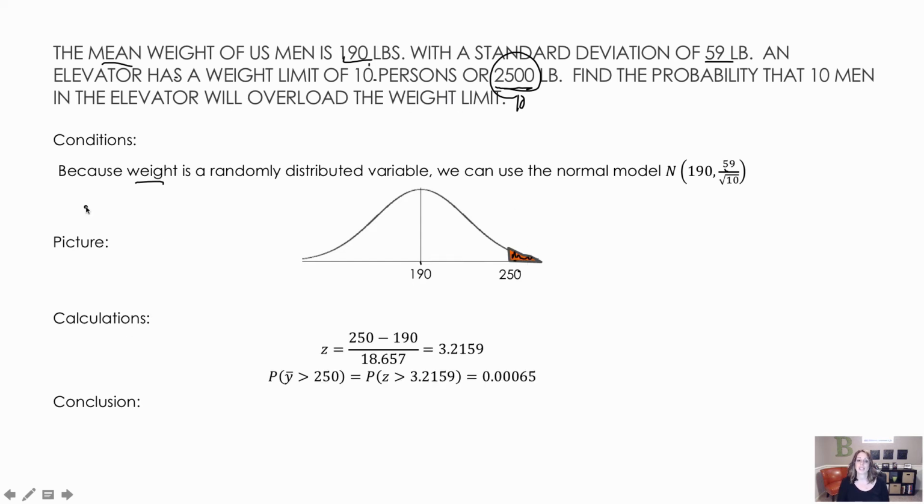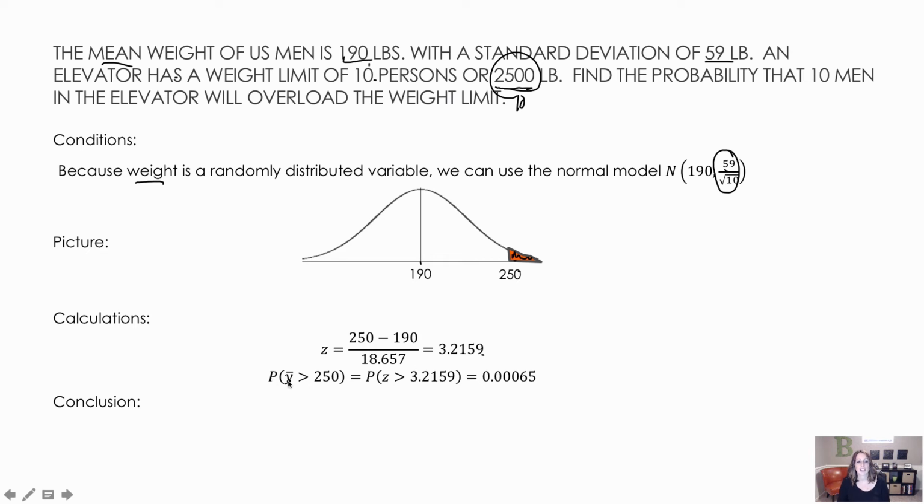So for our calculations, of course, I'm going to say observed or predicted 250 minus 190 over the standard deviation, that's what number I got when I divided those things together. And I got 3.2159. So I know that's going to be a very, very small percent because it's past 3 standard deviations, but I'm going to find the probability.